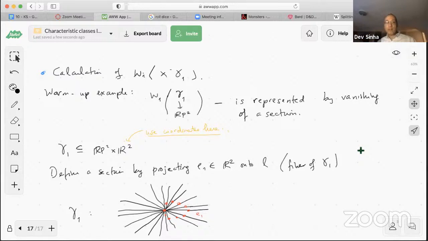We're fixing a vector in R2, and we're projecting it onto each line, and that vector is sitting in a different R2, if you will. It's over the fiber over L. And I'm using that copy of E1, but it's, quote unquote, the same everywhere, to project onto the L and get the value of the section.